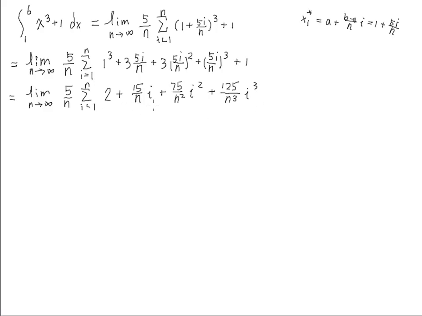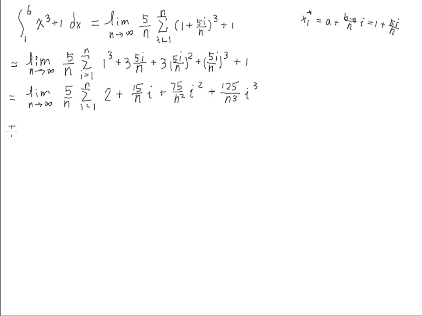Now, if you look at this expression, we did it on purpose, putting these things in the front because they're coefficients. And then we isolate i, i squared, and i cubed. And now we are ready to move the sigma inside.